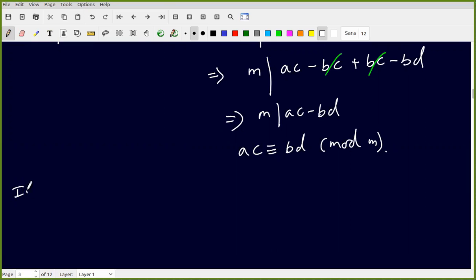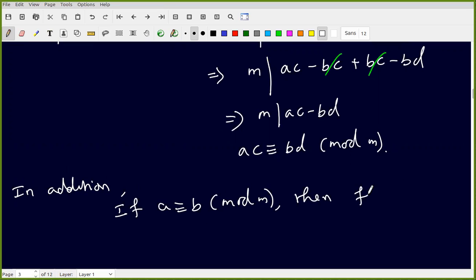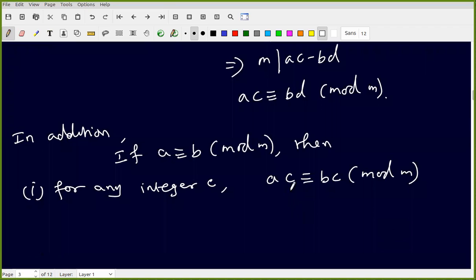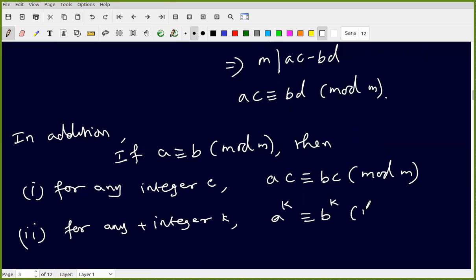In the property on multiplication: if A congruent to B modulo M, then for any integer C, AC is congruent to BC modulo M. The second one: for any positive integer K, A to the K is congruent to B to the K modulo M. So you can multiply C on both sides without any difficulty, and also you can raise the powers.